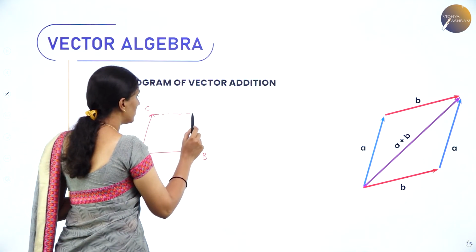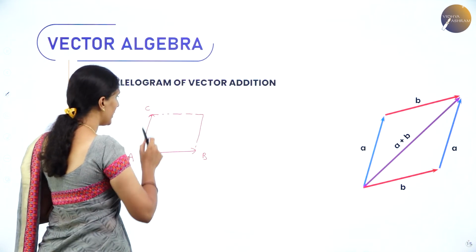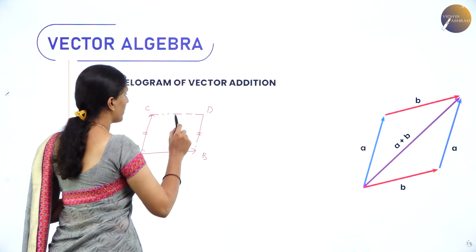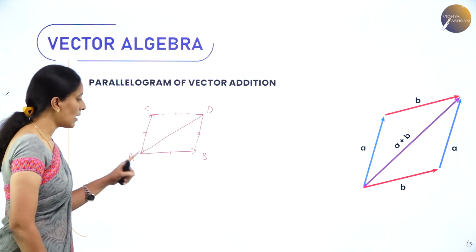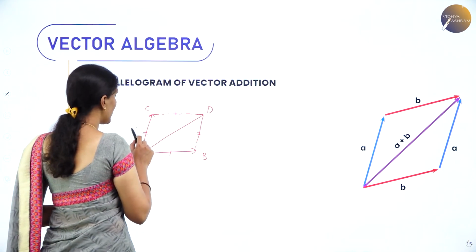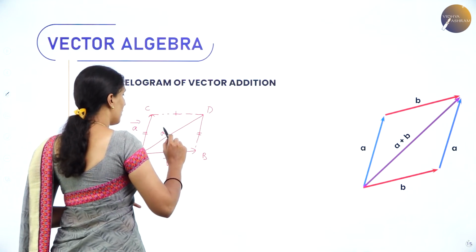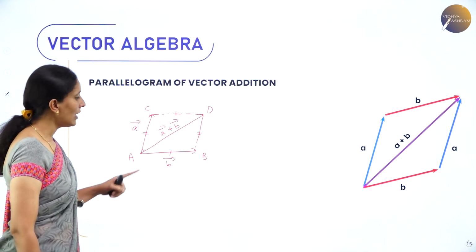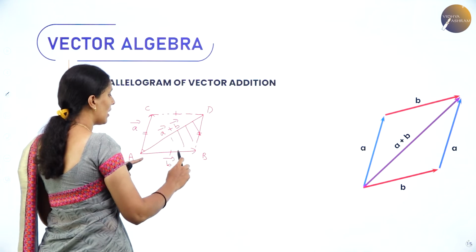Draw two lines parallel to AC and AB. Then the diagonal represents the sum of the two vectors. If this is vector A and this is vector B, then vector A plus B is the diagonal inside the parallelogram.